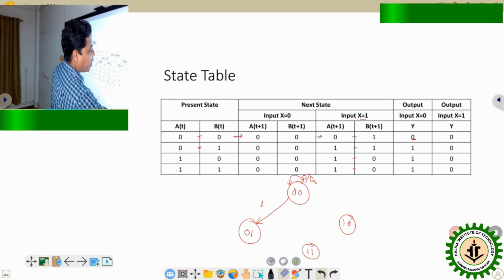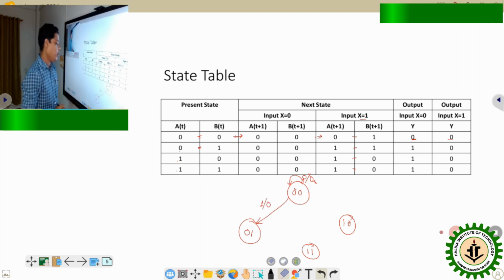And at the same time, what is the output you are observing for x equals 1? Now it is 0. So slash 0.